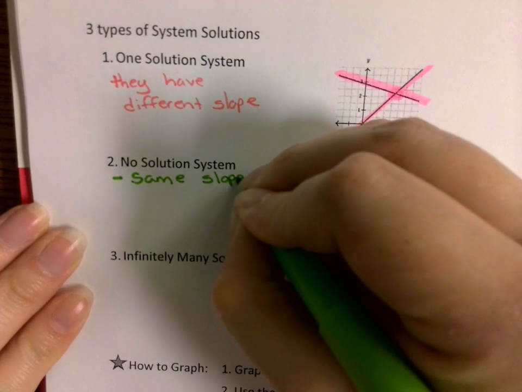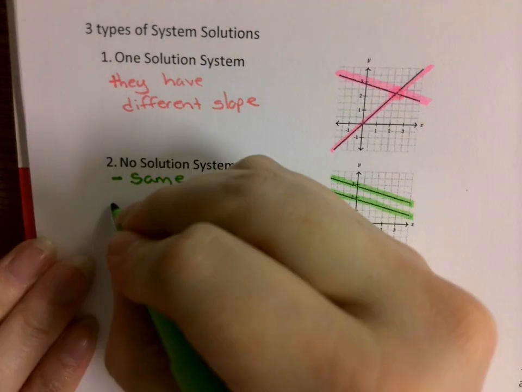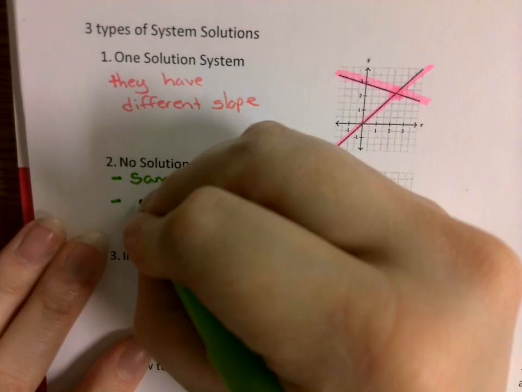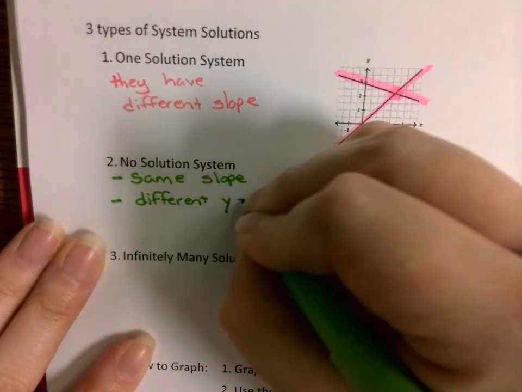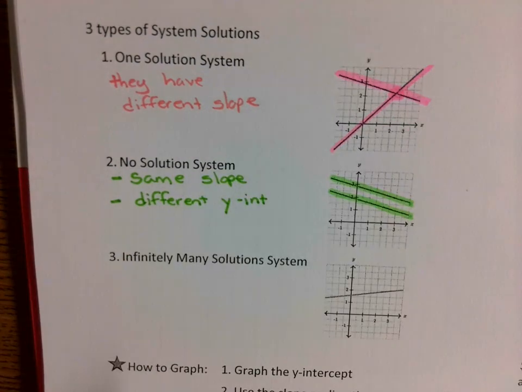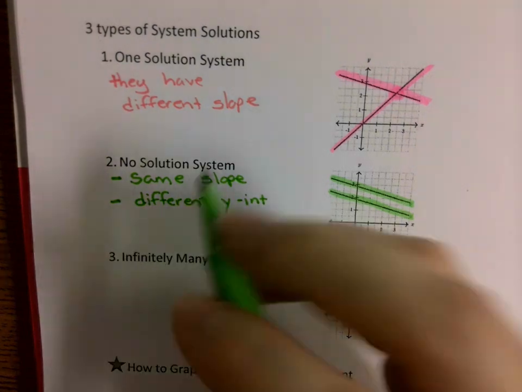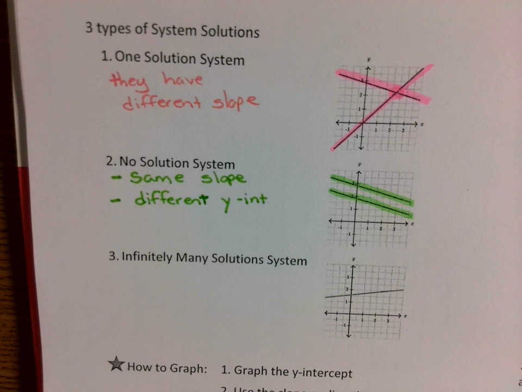Both lines will have the same slope, but they will have different y-intercepts. Their slopes will be identical, so that means that the direction that they are moving is the same, but their y-intercept values will be different. That's what makes parallel lines. Lines have same slopes, different y-intercepts.